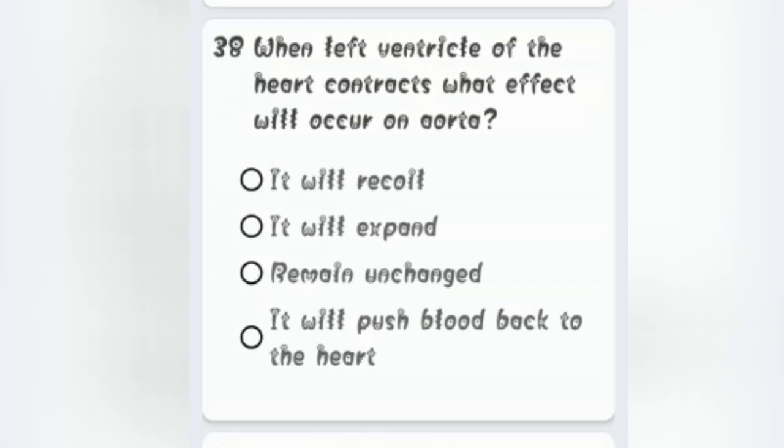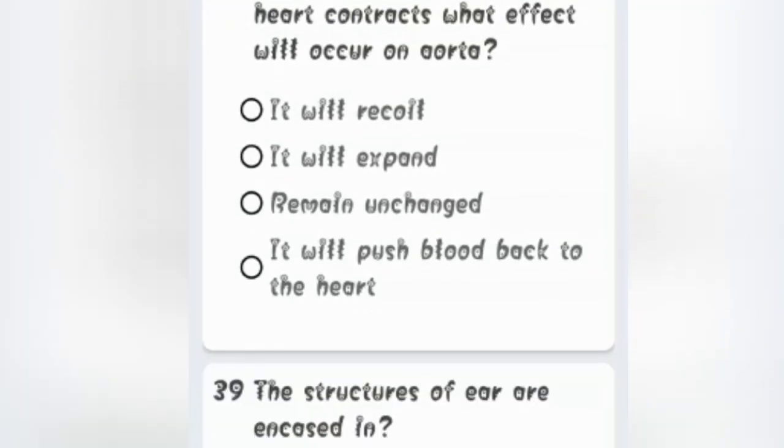Next question 38. When left ventricle of the heart contracts, what effect will occur on aorta? Option A it will recoil, option B it will expand, option C remain unchanged, option D it will push blood back to the heart.